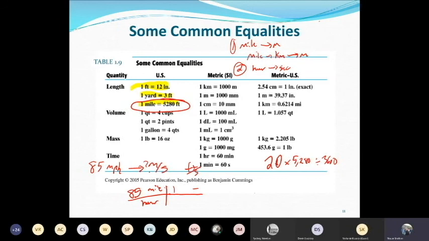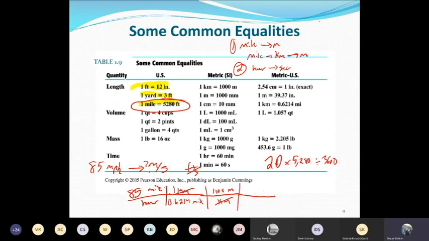So for every kilometer, you have 0.6214 miles. And then I'm going to convert my kilometers into meters. I know that there's 1,000 meters for every kilometer. Okay, so that gets me into meters. I'm done with that part.